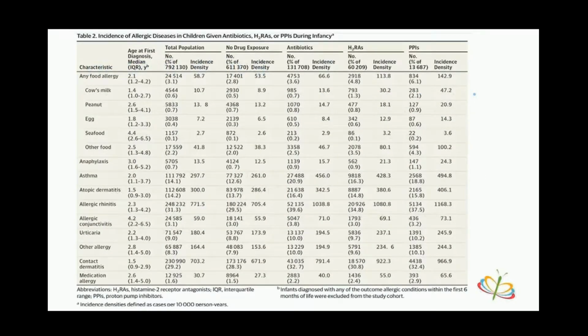So lots of numbers on the slide. We're going to highlight just a couple of them here. This is the table from the study that is referring to the incidence of the allergic diseases relative to all these different things. An important one to notice, you remember the asthma of 8.3 in the general population. Notice here that the total population incidence is 14.1.